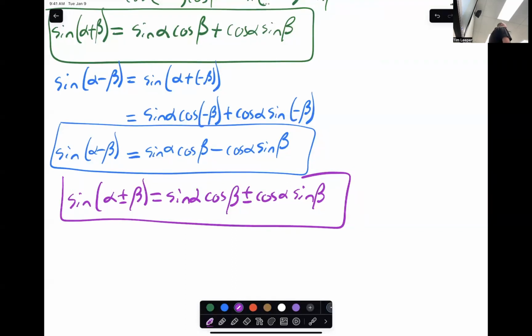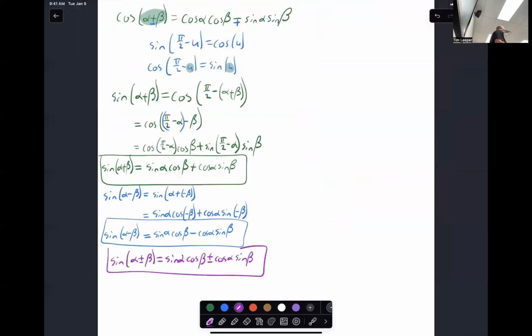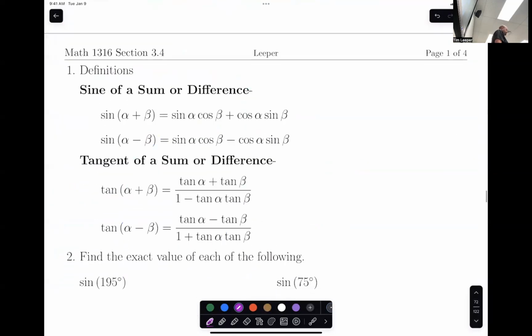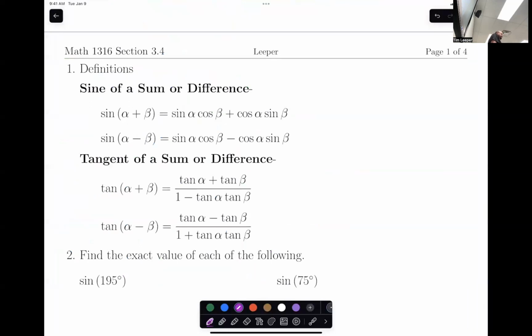Good. Any questions about how I proved that? No, we're all good. Outstanding. So I have just proved the sine of a sum or difference formula. I'm going to go ahead and look at the tangent of a sum or difference formula as well, just to get that out of the way.